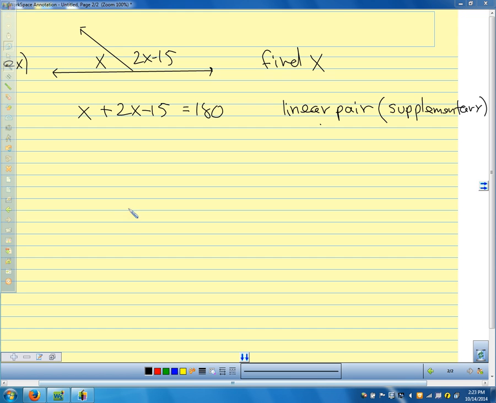All right. Now we're going to find x. What would be our first step here? What would we do if we were trying to solve for x? Combine. So I'm going to say 3x minus 15 equals 180. So now we need to say why we can do that step. What do we call doing that process?